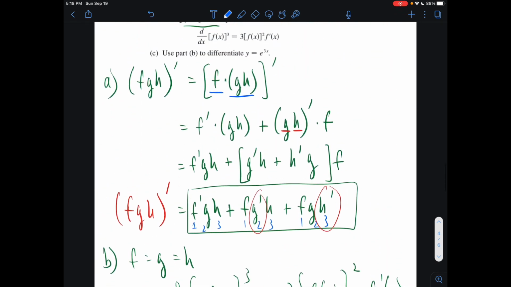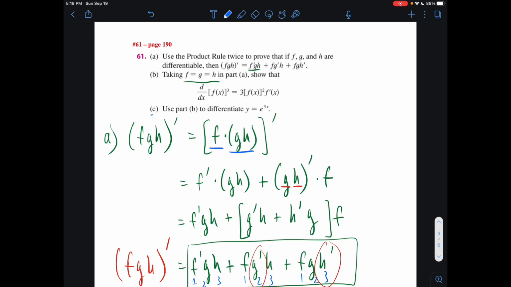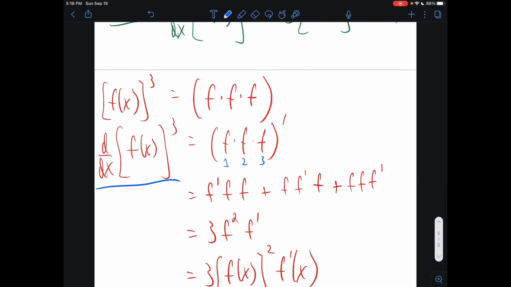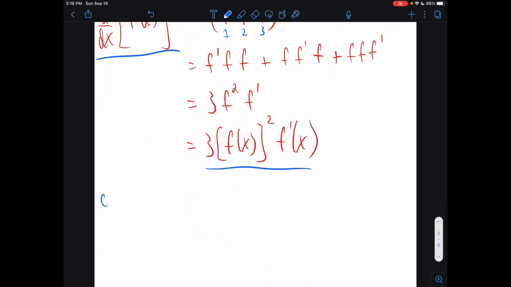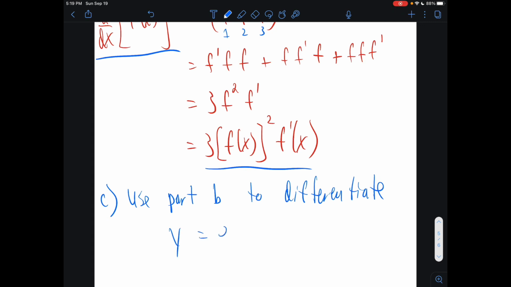So we're going to use that to then answer this last part. Use part B to differentiate y equal e to the 3x. So part C, use part B to differentiate y equal e to the 3x.